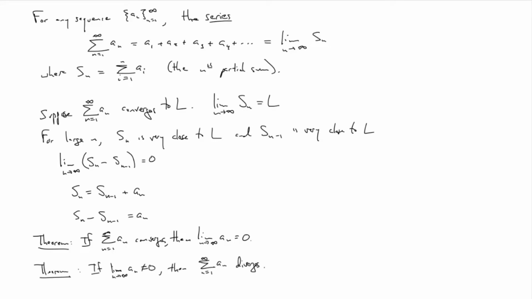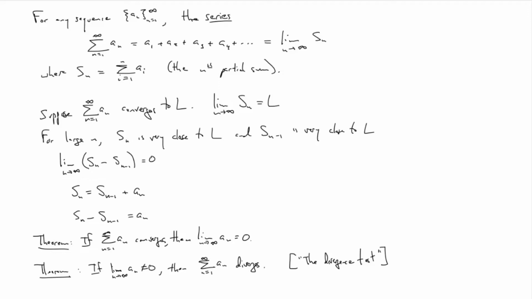And we usually look at this theorem in what's called its contrapositive form. It's equivalent to saying, if the limit as n goes to infinity of a sub n is not equal to 0, then the series sum n equals 1 to infinity of a sub n must diverge. And this is sometimes known as the divergence test.